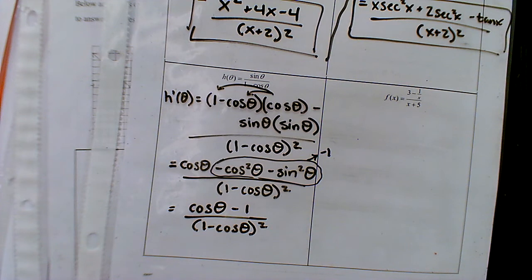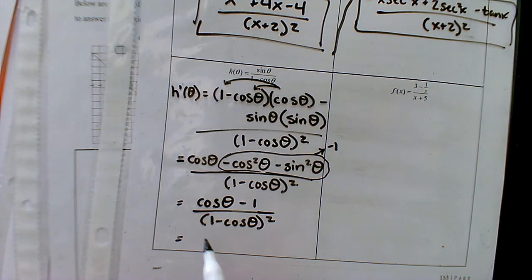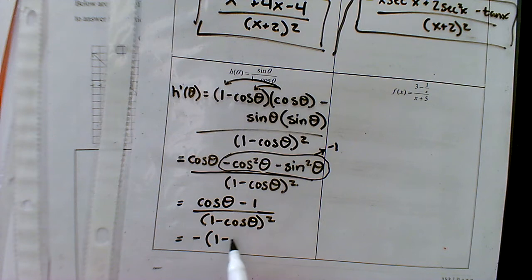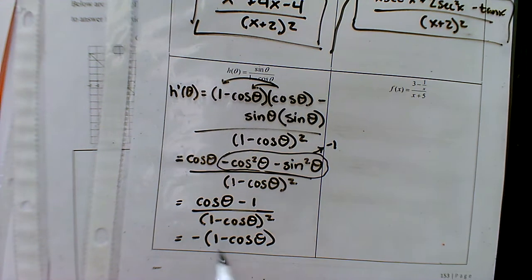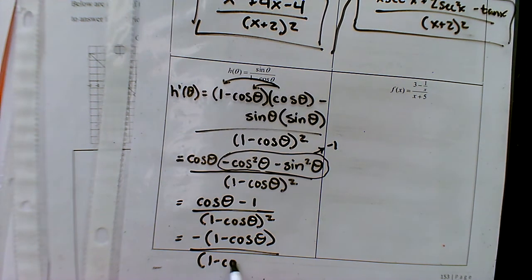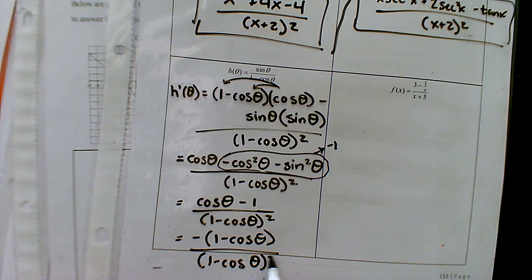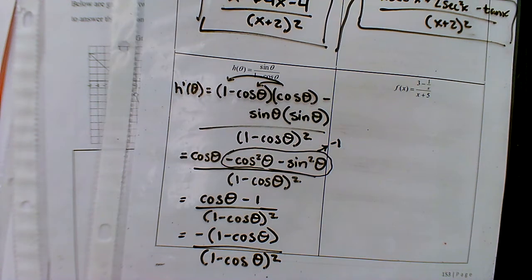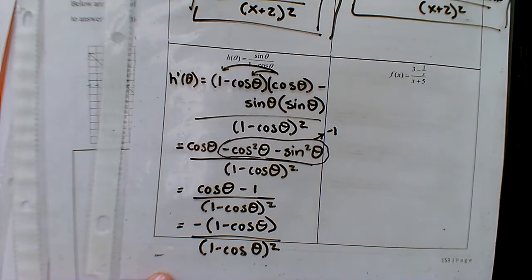Can we keep going? What do you think? You can rewrite the top as negative parenthesis 1 minus cosine, and then the bottom stays the same. There we go. All right, so we can factor out a negative from the top, and notice how by doing so, it would match the denominator perfectly, so we could cancel out a set.